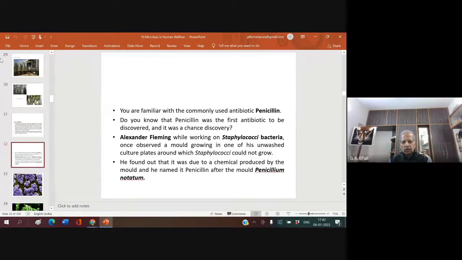What he observed was the fungal member Penicillium notatum. This fungal member secreted some chemical. This chemical did not allow the bacteria to grow there. And he called this chemical produced by Penicillium notatum penicillin.